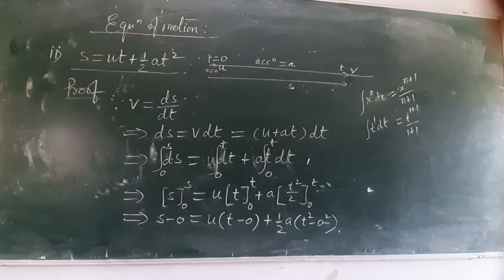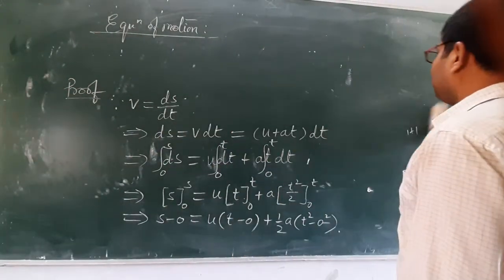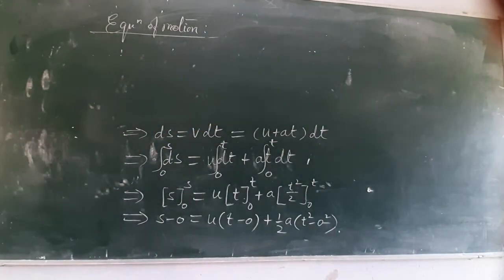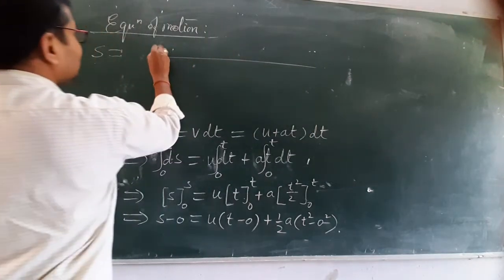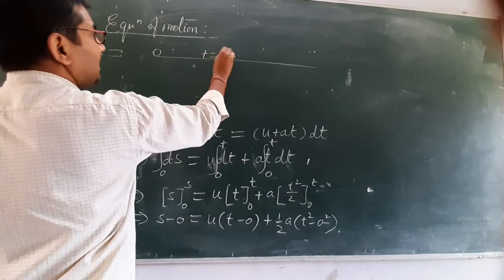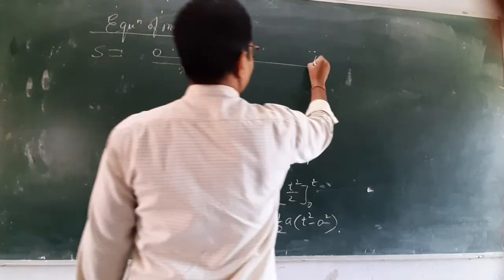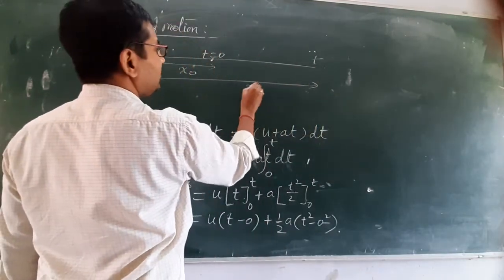This is the second equation. If the body does not start from the origin, it starts from x0, then what will the displacement be? Here this is the situation, this is the origin. I am supposing the particle starts from this position, x0, and at time t its position is x.